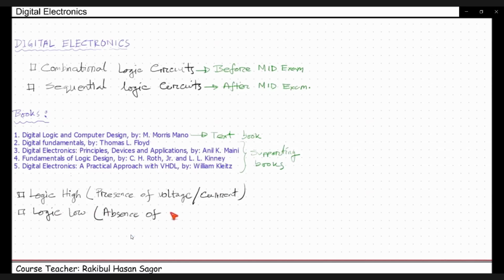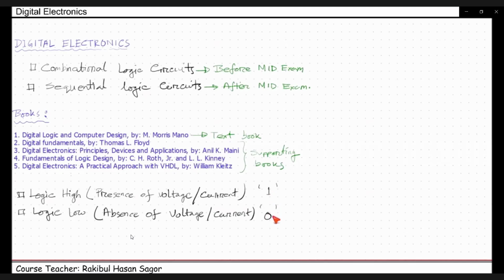So generally this is represented by 1 and this is represented by 0. Presence of voltage, absence of voltage, or presence of current or absence of current. So all the computational methods must be converted in a way so that they can be represented by either 1 or 0. And we learned that digital electronics means these 1-0 things.